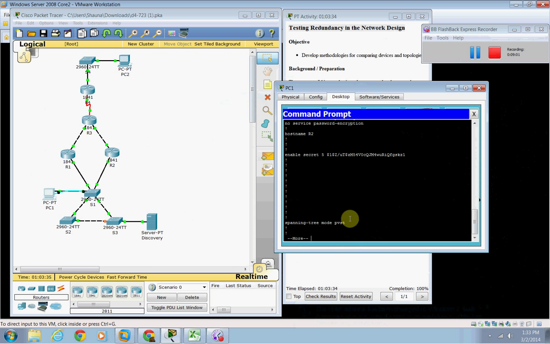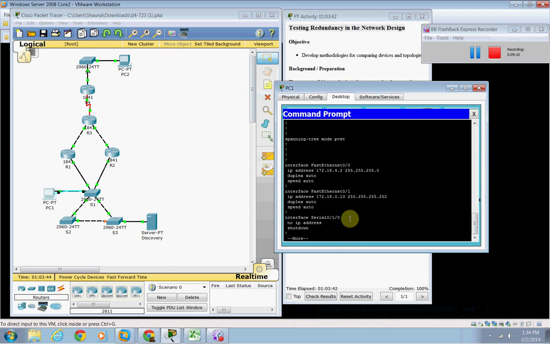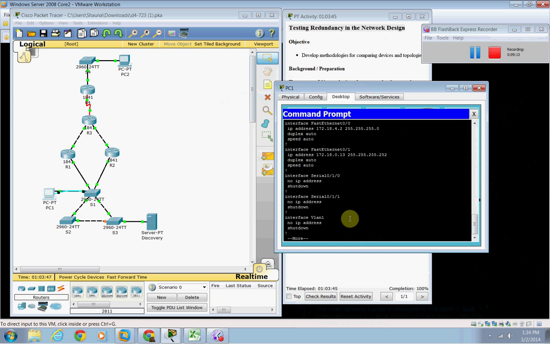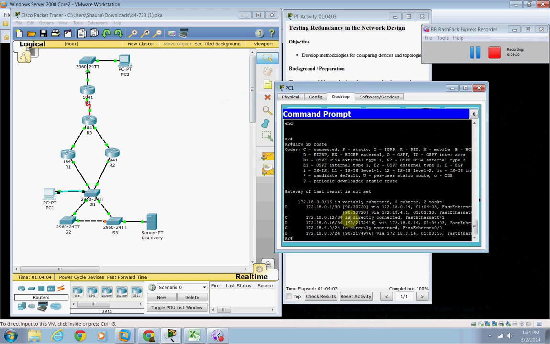We didn't on router 1. It shows us our interfaces with our IP addresses. We have a VLAN. We have EIGRP 1 running on here. Then we're going to do a show IP route. We have 3 routes that are running EIGRP and 2 that are directly connected.